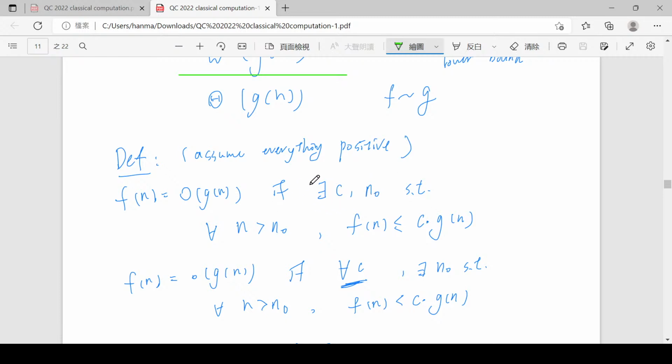This means there exist some constants c and n naught, such that for n bigger than n naught, f of n is smaller or equal to c times g of n. So you see, this is really asymptotic. We are trying to see how g and f grow as n goes to infinity.